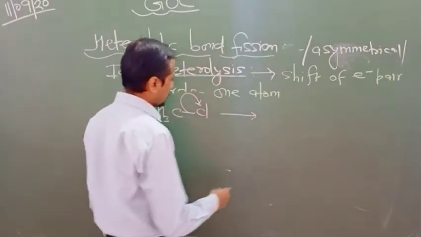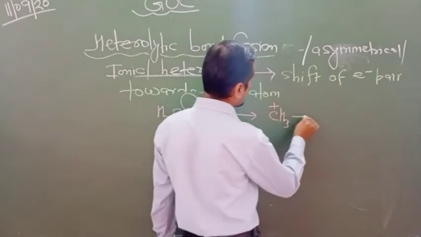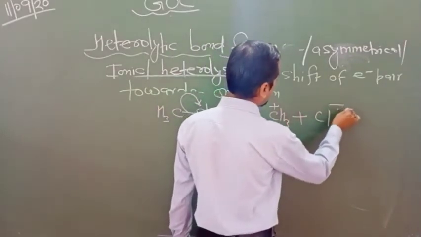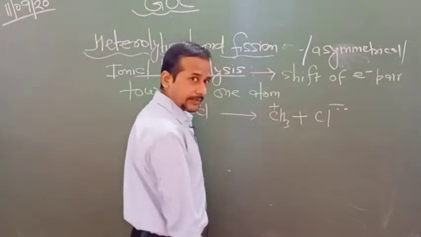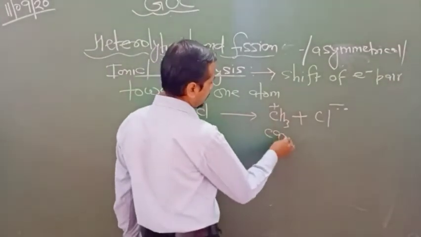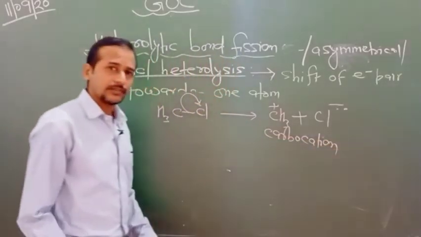So this is also an example of heterolysis. Now this generates C plus and Cl minus. This C plus charge is a reaction intermediate and this is known as a carbocation.